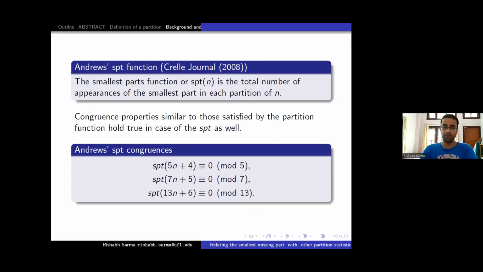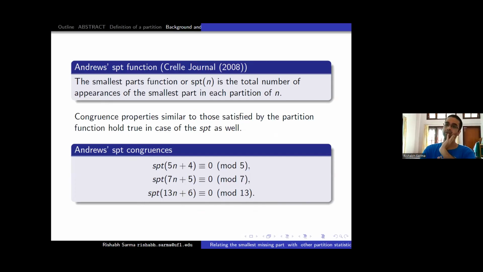The amazing fact here is that congruence properties similar to the partition function are also satisfied by this SPT function, except for the last partition congruence, where, as you can see, instead of 11, we have a mod 13 congruence.